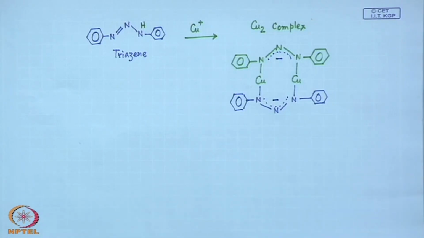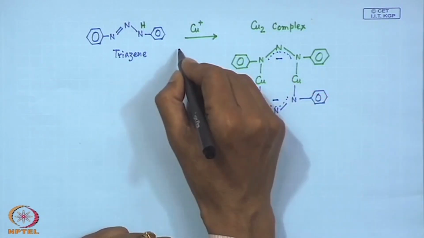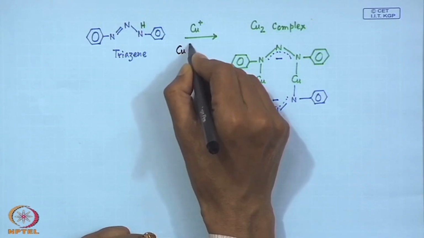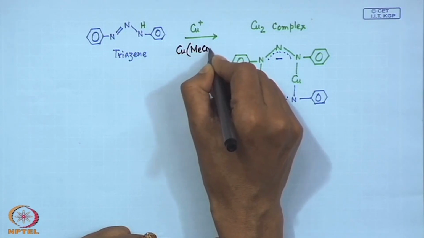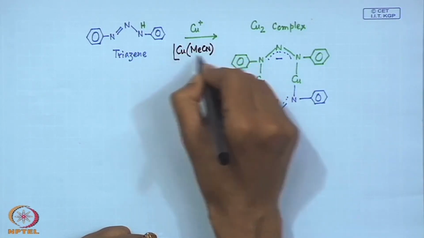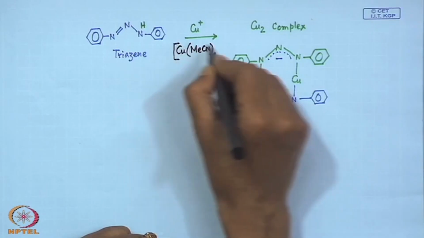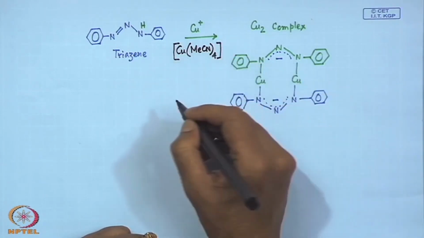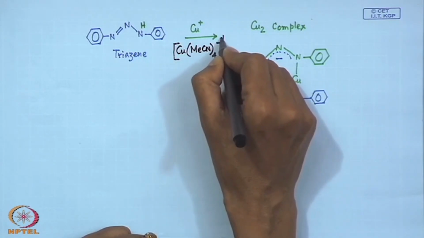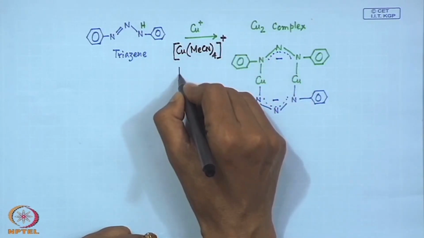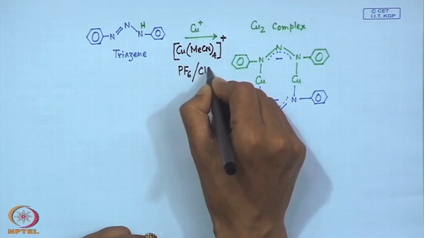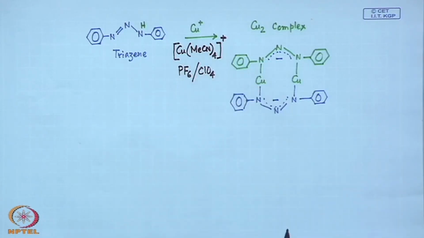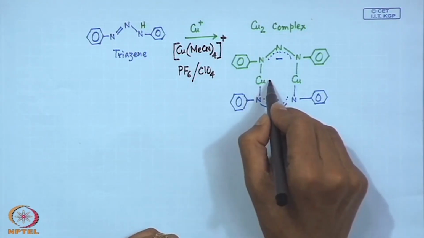Since both the two copper centers, we utilize this as a very well known starting material of copper 1 with coordination of 4 MeCN molecules over it, and which can be a salt of PF6 or perchlorate.